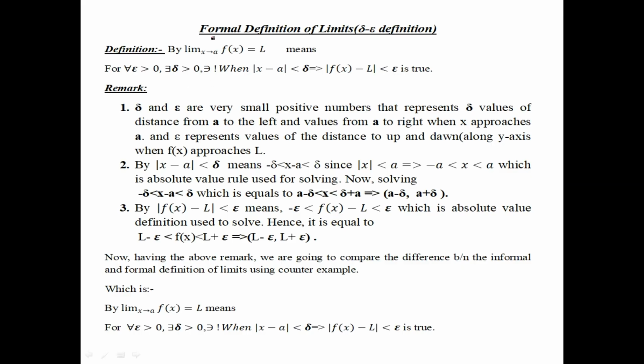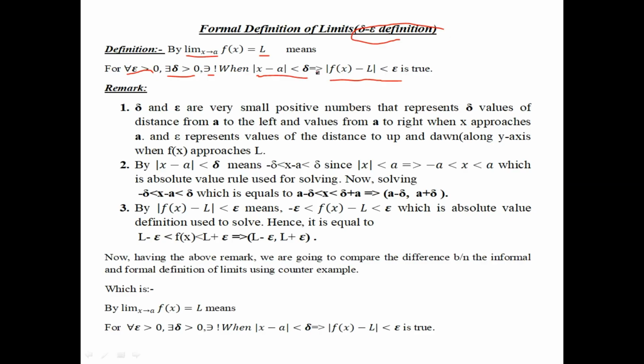The formal definition of limit is sometimes called the epsilon-delta method. The limit as x approaches a of f of x equals L means that for every epsilon greater than 0, there exists a delta greater than 0, such that when the absolute value of x minus a is less than delta, then the absolute value of f of x minus L is less than epsilon.